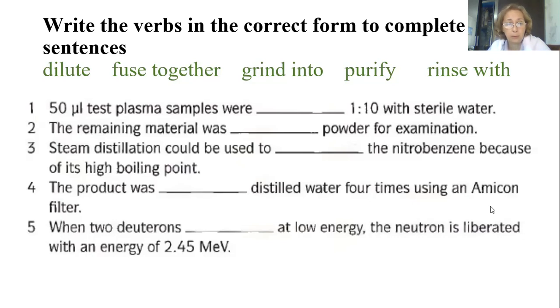When the two deuterons fused together at a low energy, the neutron is liberated with an energy of 2.45 mega electron volt. Is that correct? It's correct.